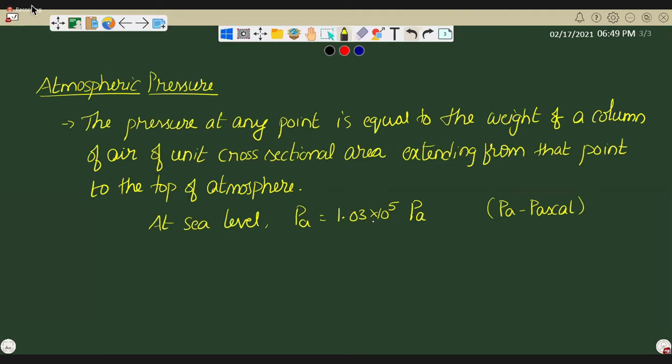Other than Newton per meter square or Newton per mm square, you have learnt another unit called Pascal. This is also termed as 1 atmosphere. So the unit of pressure is atmosphere. Yes, sir.